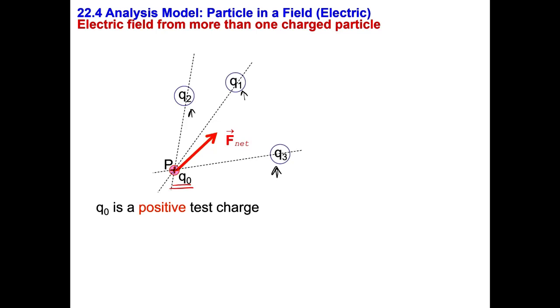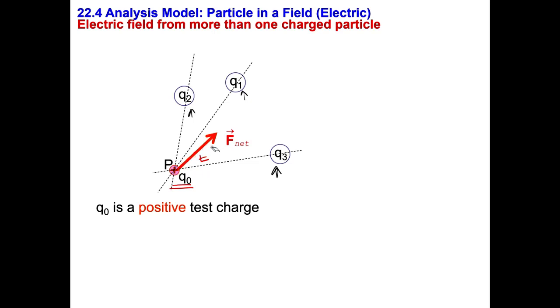So obviously the electric field will be pointing along the direction of this net force. Or you can find the electric field due to each charge, and you sum the electric fields vectorially, and you get the net electric field.